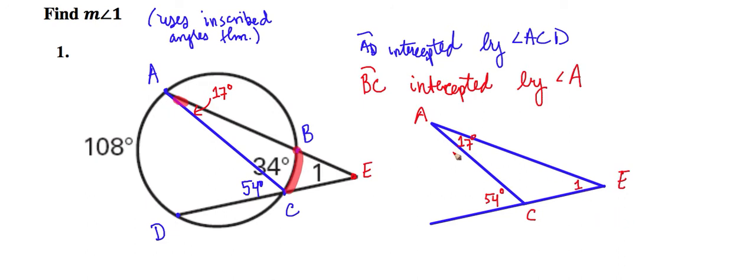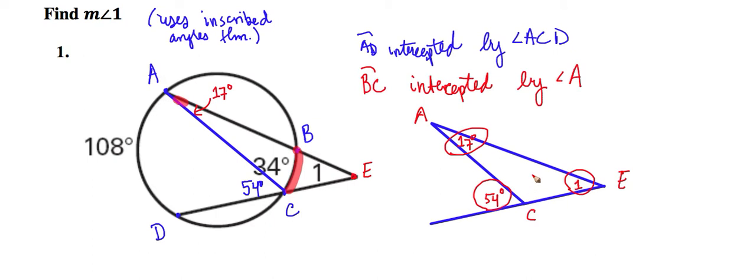Well, these three angles here, 17, angle 1, and 54 degrees, they're actually related. I don't know if you remember, but by the exterior angles theorem, these two right here added up, 17 and 1 added up, will equal 54 degrees. So it's not too hard to see why that's the case. If you don't believe that theorem, you can also solve it another way. You can also say that this angle in here is 180 minus 54.